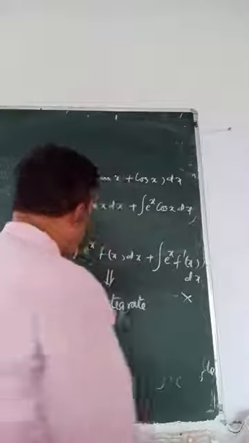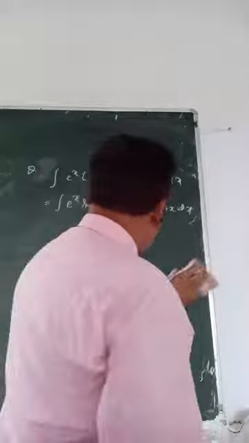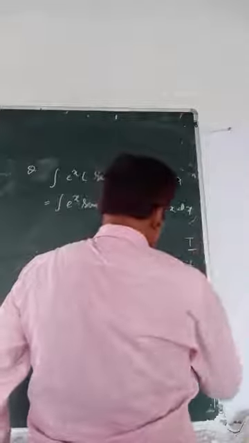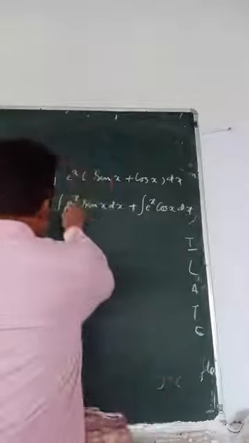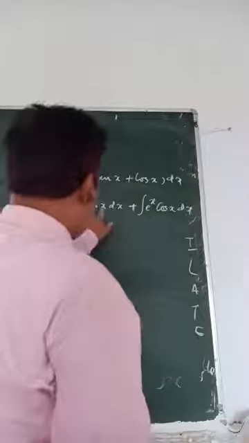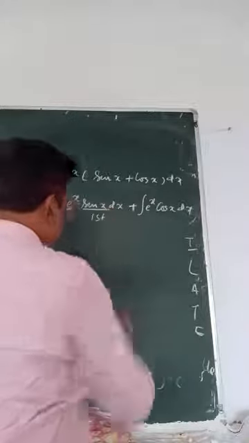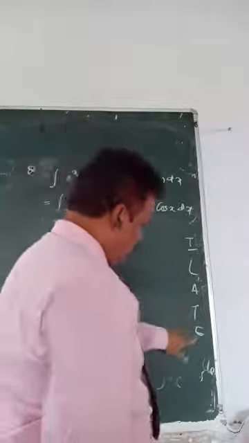So let's see, in the form of ILATE, exponential is the last, means this is your second function, this is your first function. So this is our first function, because trigonometry first, then exponential is there.